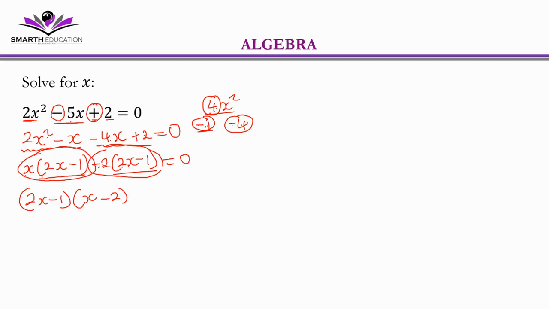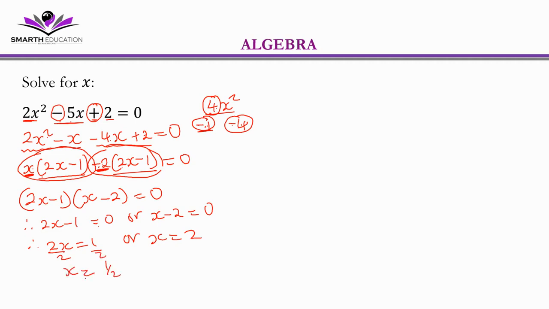Just know that the coefficients of these terms will form your second bracket, equal to 0. Then therefore, 2x minus 1 is equal to 0, or x minus 2 is equal to 0. Then 2x is equal to 1, or x is equal to 2. Then you can divide by 2, x is equal to 1 over 2, or x is equal to 2.